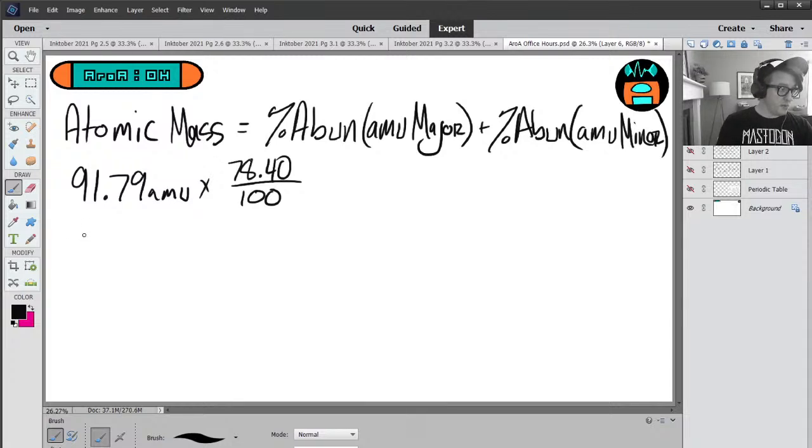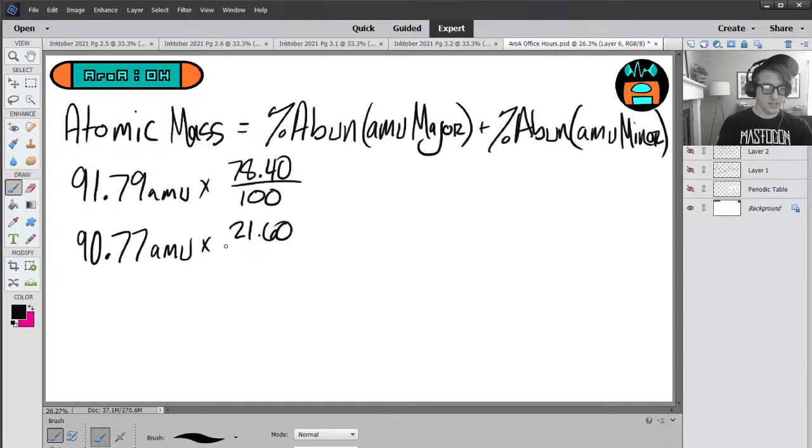And we're going to do the same thing with our minor isotope, which is 90.77 AMU times its percent abundance, 21.60 over 100.